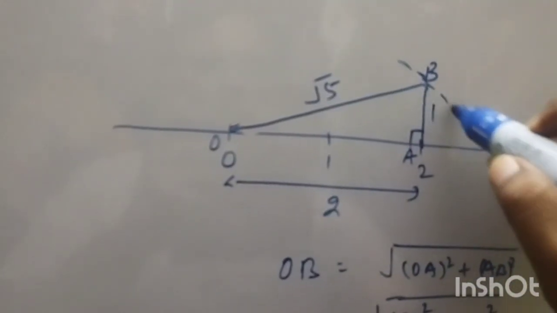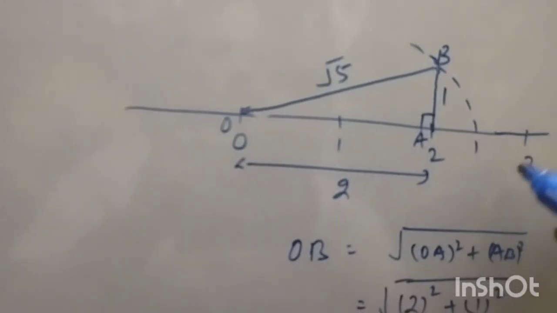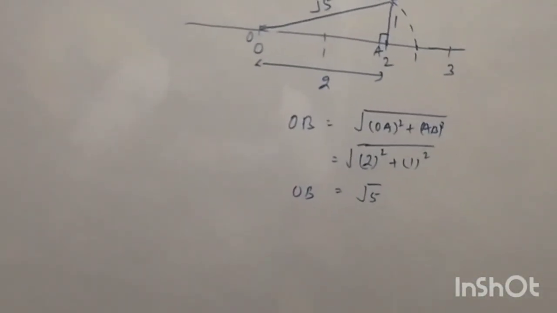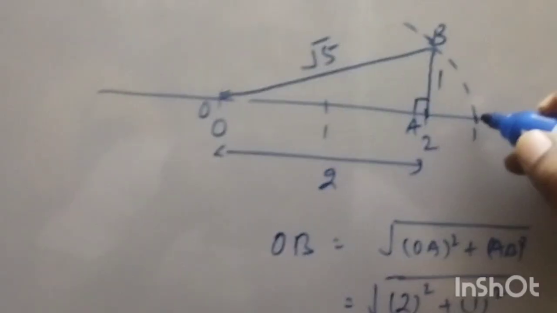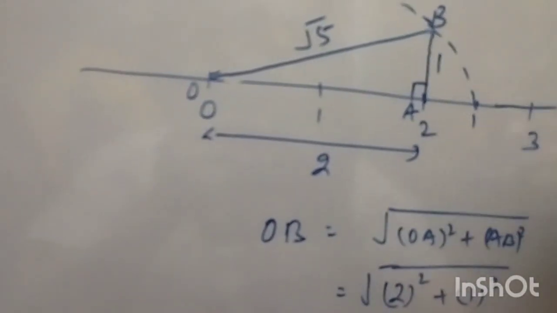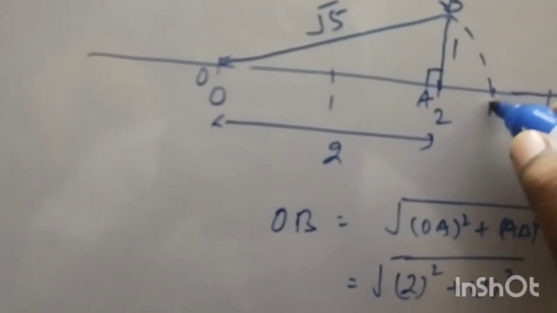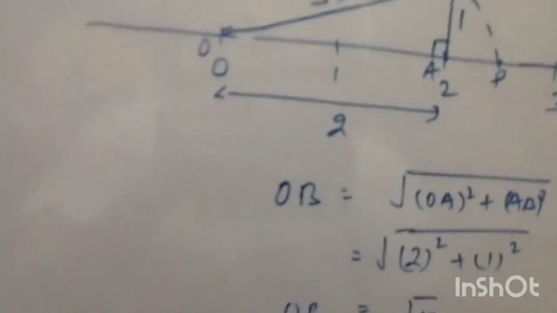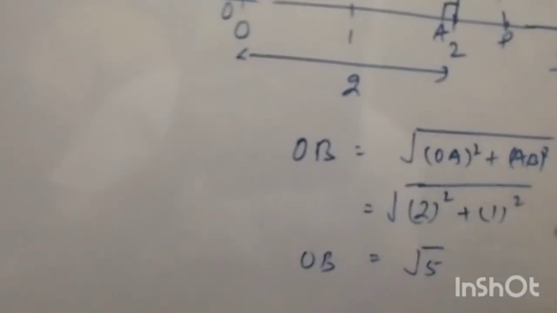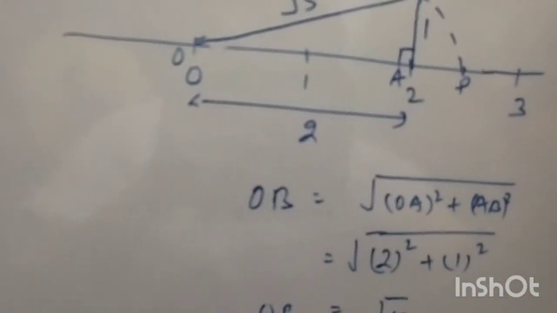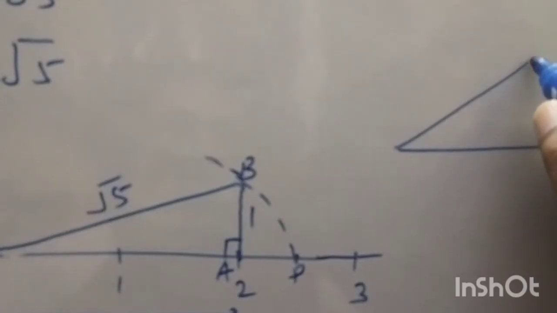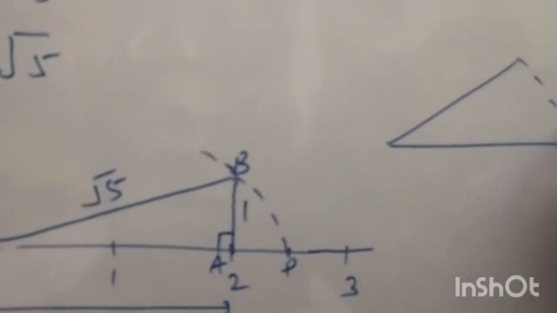Taking OB as radius, we'll draw an arc, and this arc at some point will intersect the number line. The point at which this arc intersects the number line, let's mark this point as P. As we know that OB is the radius of the circle, suppose this is the arc we have drawn.